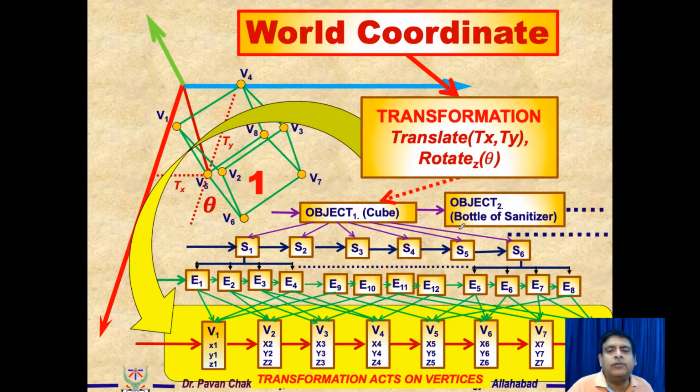So the transformation, though shown acting on the object, really acts on the lowest level of the object, that is the vertex table. So the transformation that we will be talking about is transformation of points or vertices from one position to another position, as we had shown previously in the generalized equation of transformation.